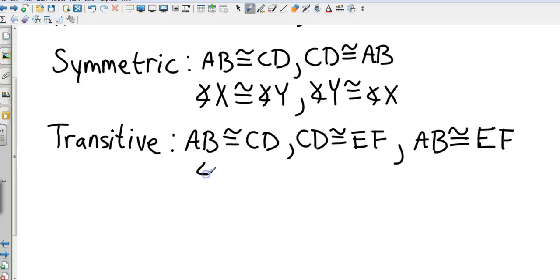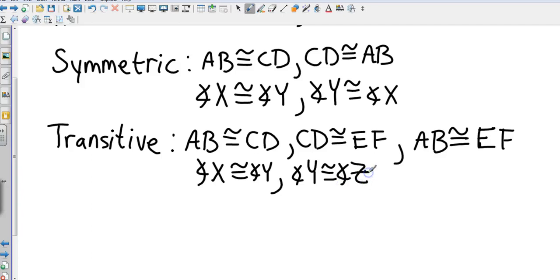And so if we had angle X congruent to angle Y and angle Y congruent to angle Z, then finally angle X would be congruent to angle Z. And so there's so many different ways we can use this, so many different types of proof.